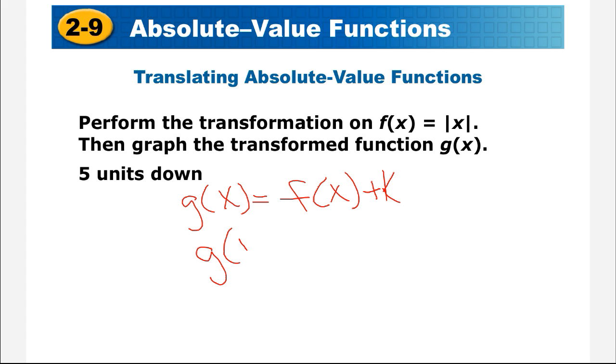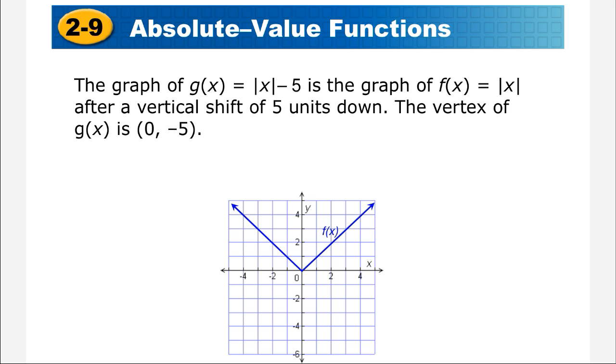So we're going to substitute in absolute value of x, and then we're moving 5 down, so that's minus 5. And if we want to graph that, then we just go down 5 to -5. And there we go.